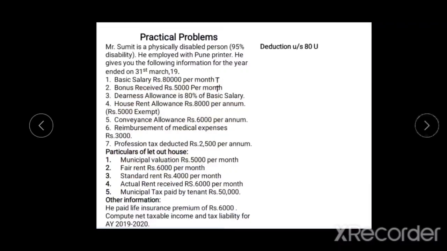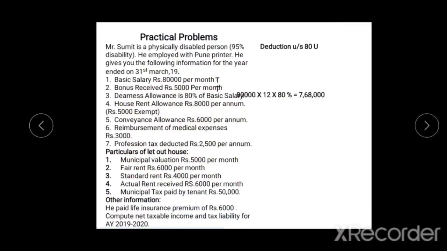T means taxable. Next, students, dearness allowance is 80% of basic salary. Again you know that the dearness allowance is taxable under the head income from salary. But here one important instruction, 80% of basic salary. So what is our basic salary? Basic salary is 80,000 per month.